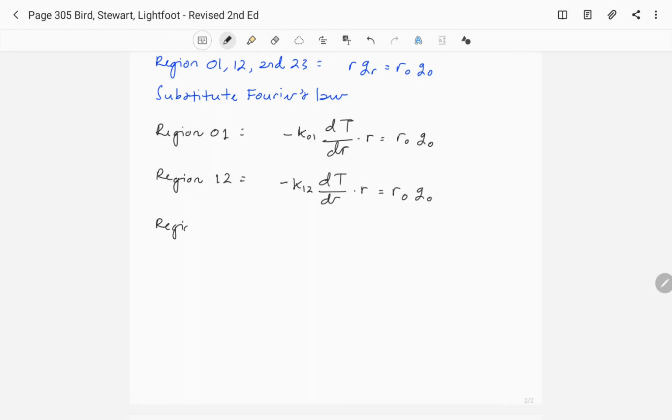And then for region 2-3, this will be minus K23 dT over dr times R equal to R0 Q0.